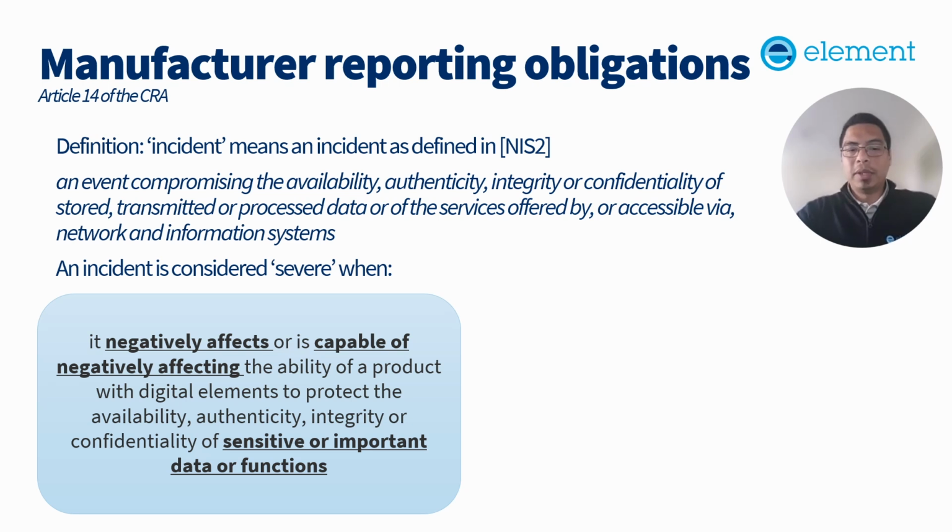Now, I think it's important to focus on this phrase, capable of negatively affecting, and I would generally read in this context that capable could be interpreted to mean exploitable, as many potential vulnerabilities or issues that could be identified in a product with digital elements may not actually be exploitable in the particular context or implementation that is in that product. But once it becomes exploitable, then it is capable of negatively affecting sensitive or important data or functions.